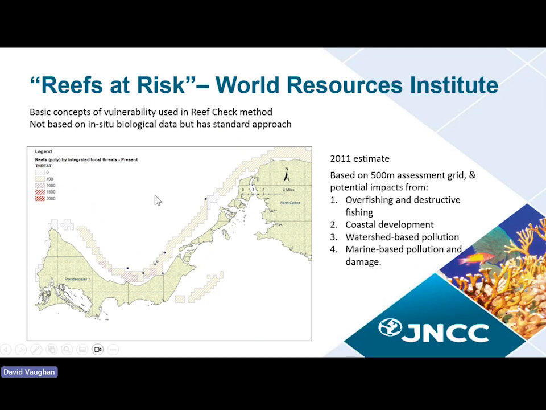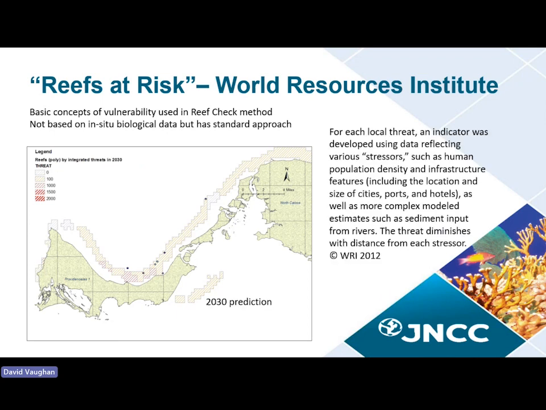This map is the one they generated for 2011. They then did a prediction of what the reef would look like in 2030, bringing in the concept of stressors. So they're looking at when the population is increasing and where new ports may be coming.